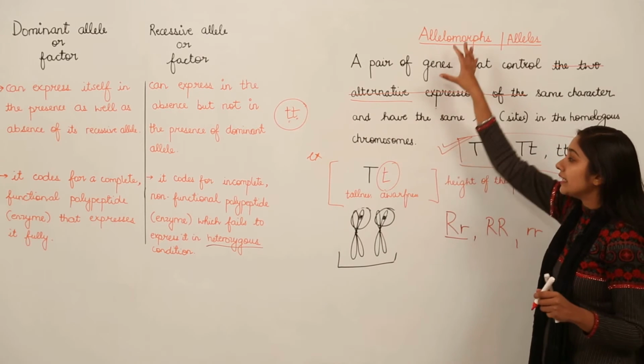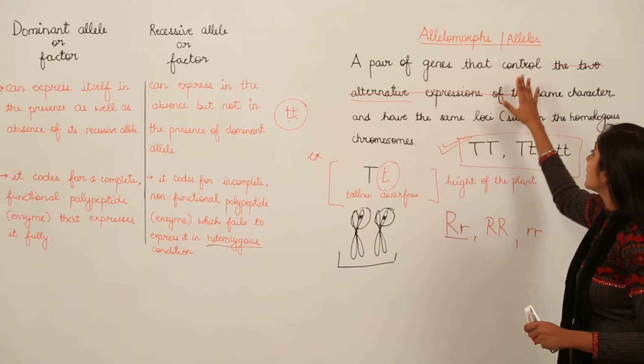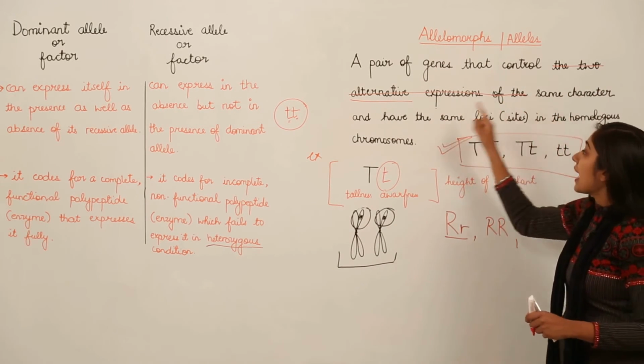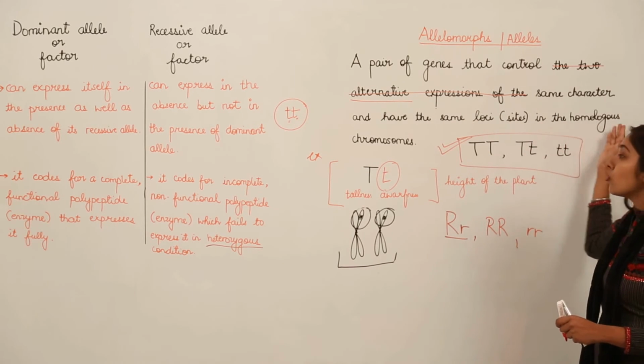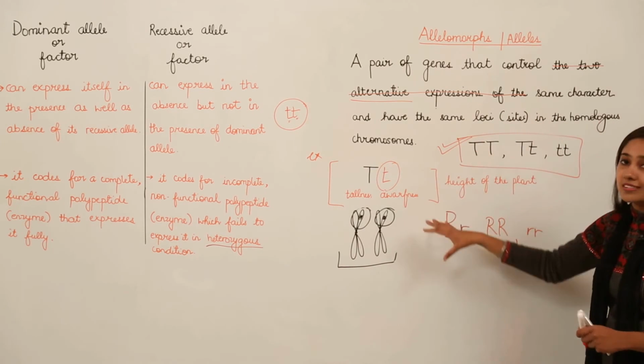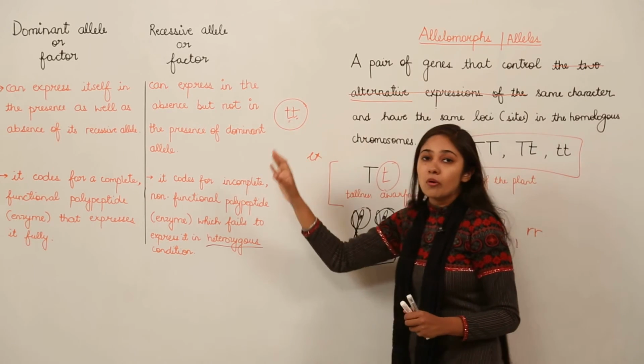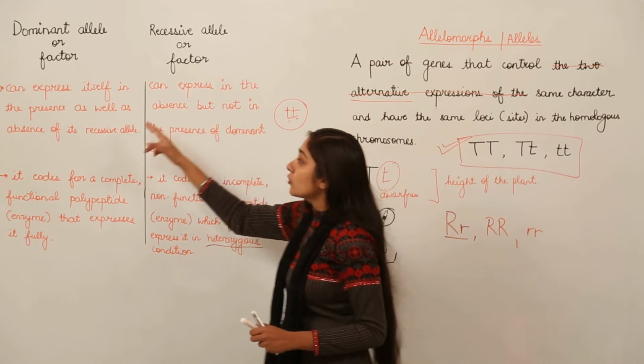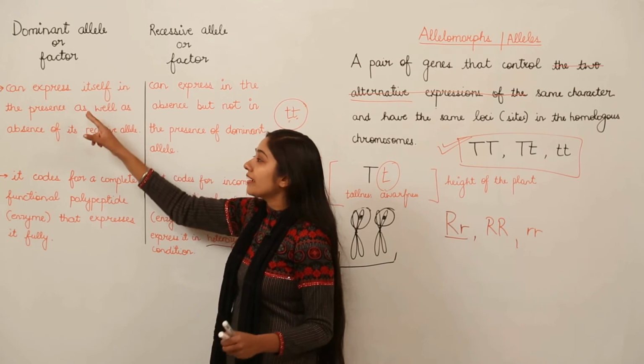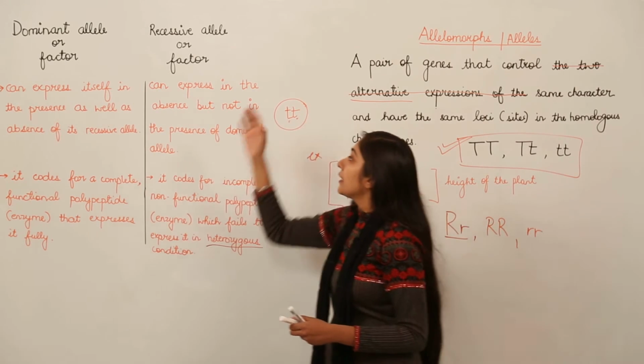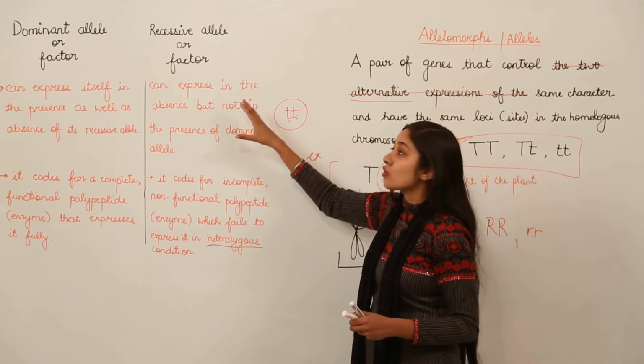Let us recall what are alleles. Alleles are a pair of genes that control same character and have the same loci or sites in the homologous chromosomes. You can cite a few examples. And then the difference between dominant allele and recessive allele: the dominant allele is going to express itself no matter the presence of a recessive allele, but the recessive allele is not going to express itself in the presence of a dominant allele.